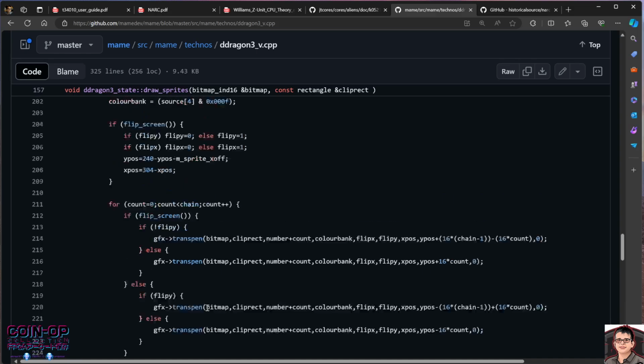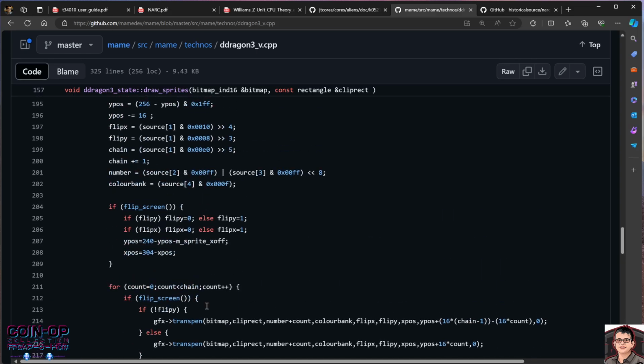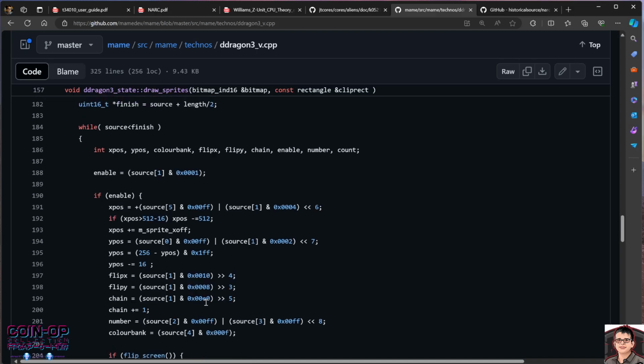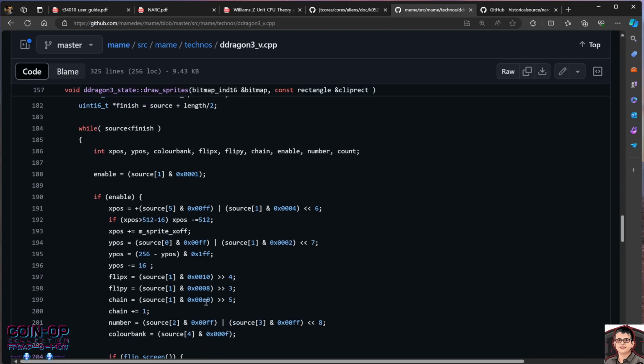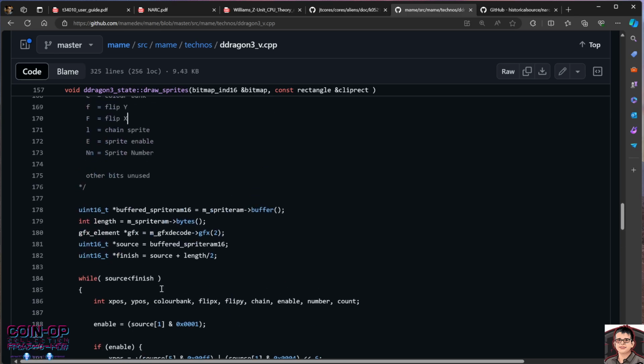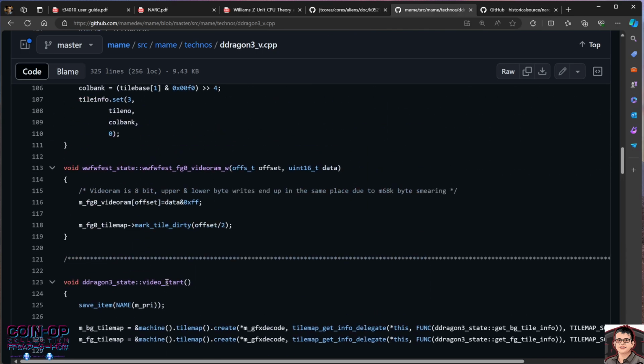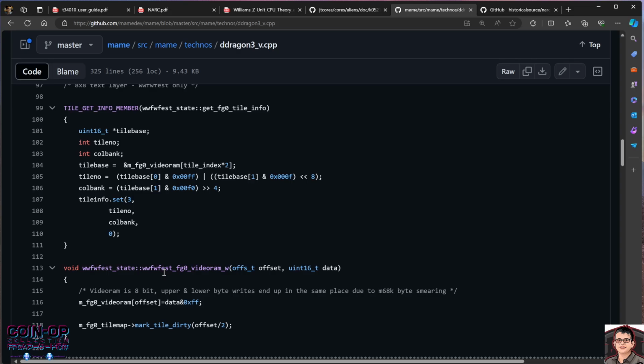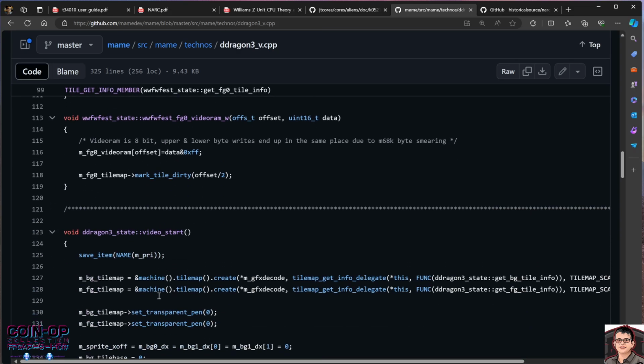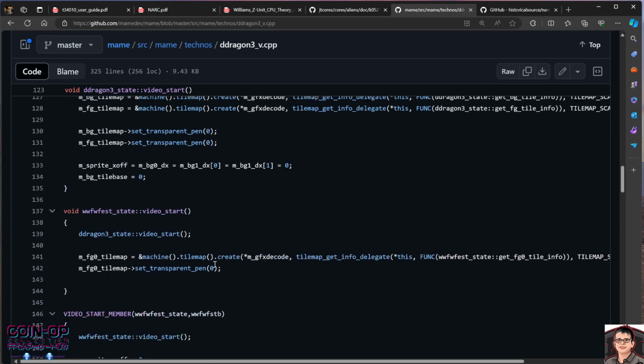But if you take a look at this, the interesting part about this game is that, no, this may not be a good example. Hold on, let's see. Which part was I looking for? You see, the interesting part about these boards for Technos is that the Y is actually offset by 8.